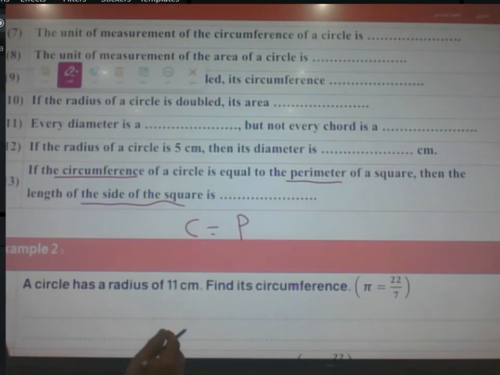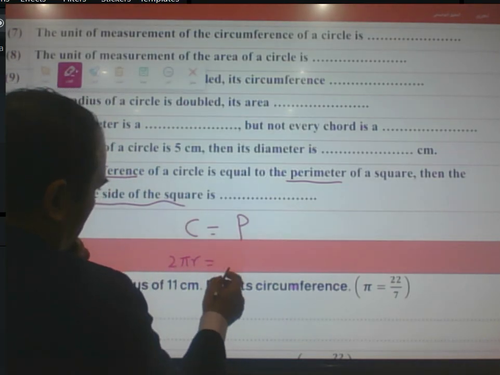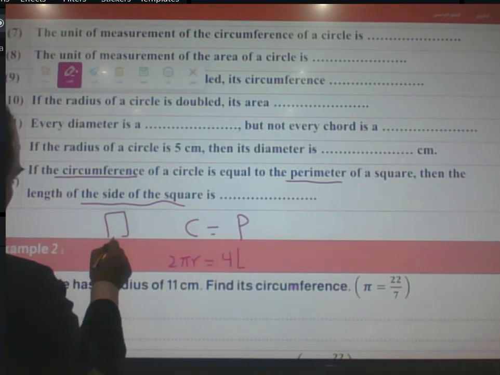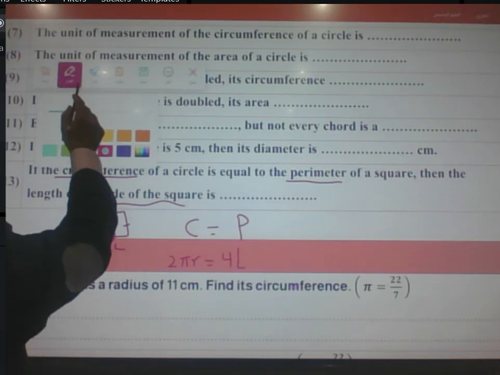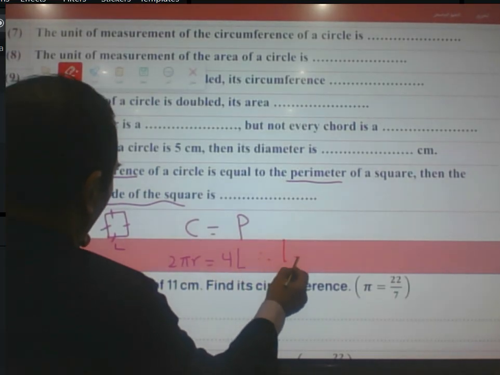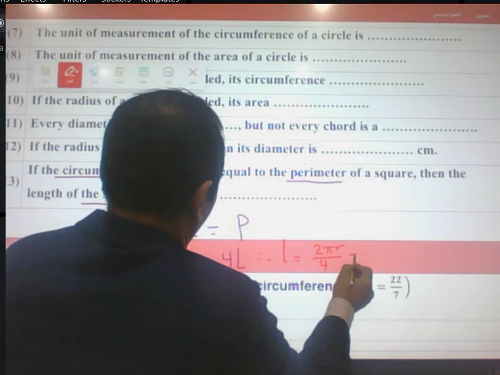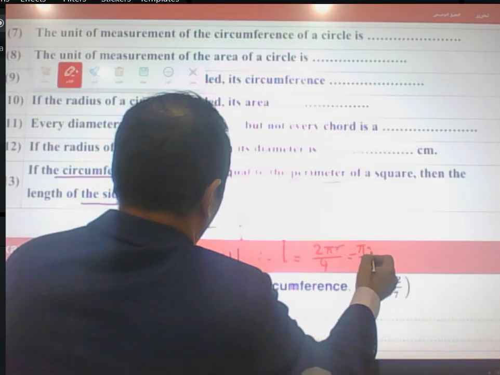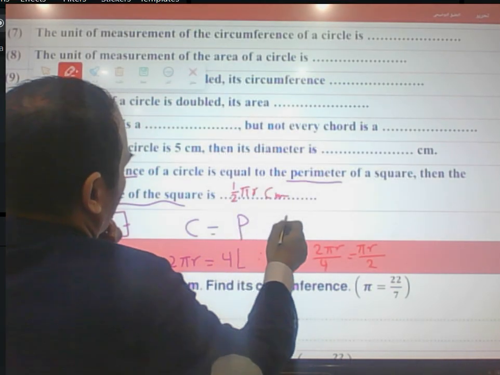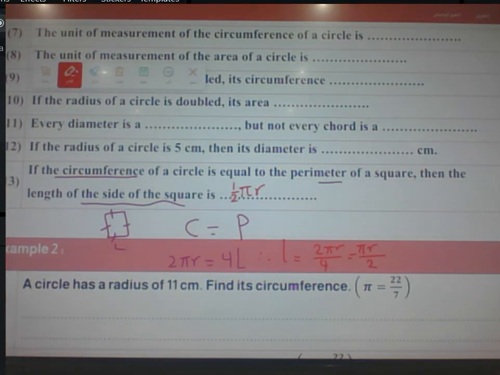You know, circumference equals 2πr, and the perimeter of the square equals 4 times the side, the side here being L. He wants to find the length. The length will equal 2πr divided by 4. We can simplify by 2. Then we have πr divided by 2. Then the length will be half πr centimeters or length unit. Do you know this question? Understood?